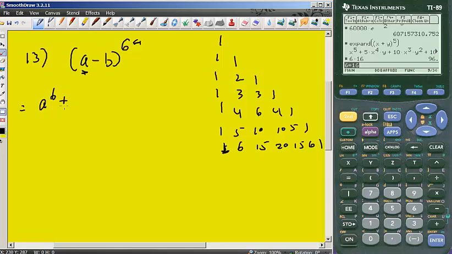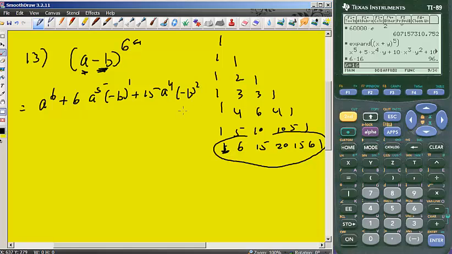And then I have a plus, and a 6 as my coefficient, and a is to the 5th, and negative b. It's got to be negative b, it's not positive b this time. This to the 1st. And then plus. The next coefficient is 15 because I'm using these coefficients right there. Then a is to the 4th, and negative b is to the 2nd.